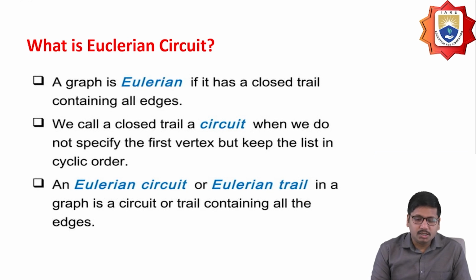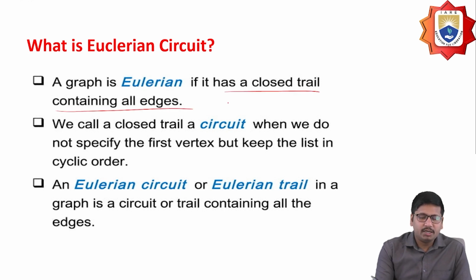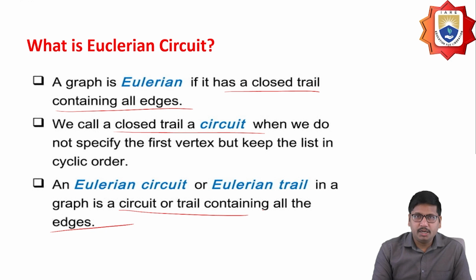Next one, what is an Euler circuit? A graph is Eulerian if it has a closed trail containing all the edges. We can also call the closed trail a circuit when we do not specify the first vertex. An Euler circuit or Euler trail in a graph is a circuit or trail containing all the edges.